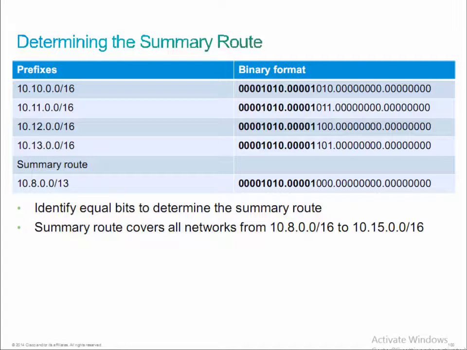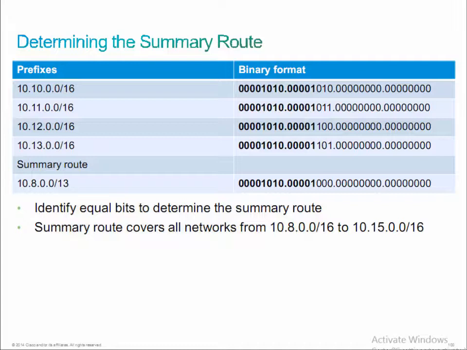So there's no way to actually summarize these 4 networks in one nice, concise block. I actually have to start at 10.8, and I have to do a block of 8. Which is going to include 10.8, 10.9, 10.10, 10.11, 10.12, 10.13, 10.14, and 10.15. Okay?